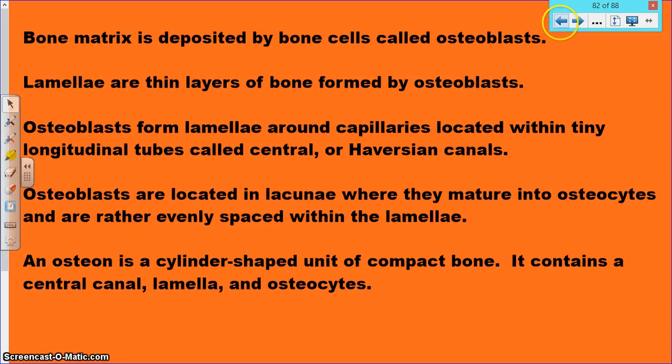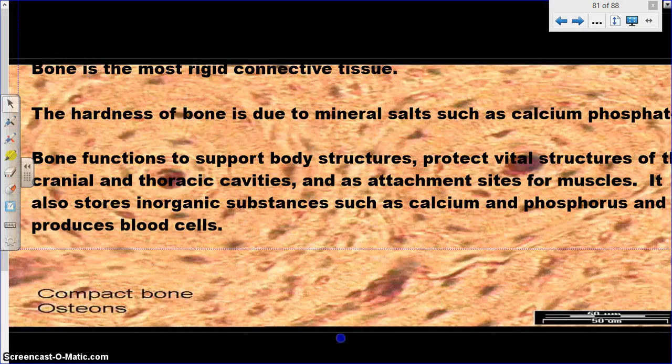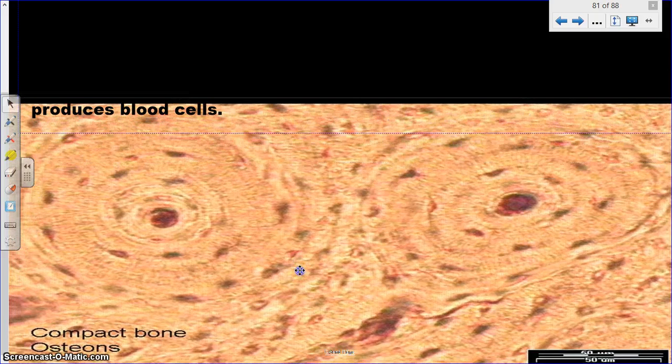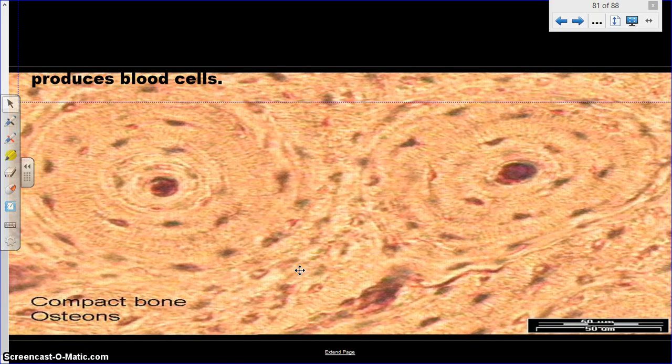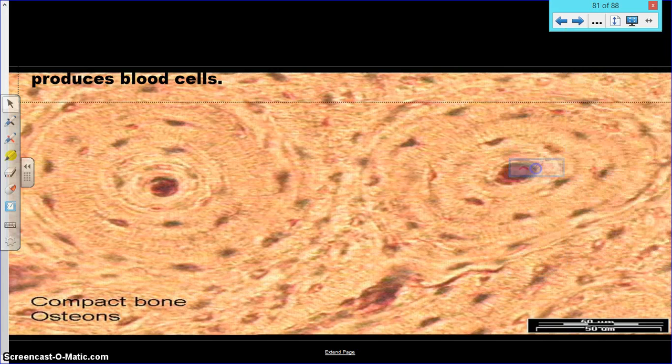If we go back and look at the bone tissue right here, this picture, I'm going to move it down so you can kind of see. Grab a pen. Okay, this part right here is that central canal. These little dark spots out here, those are where the osteocytes are located.